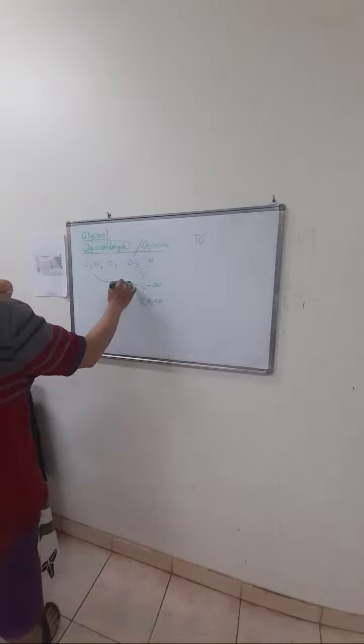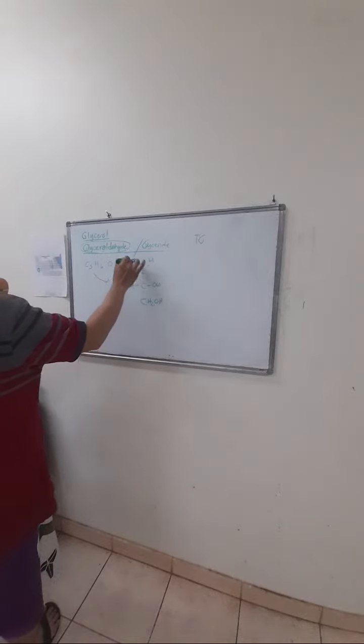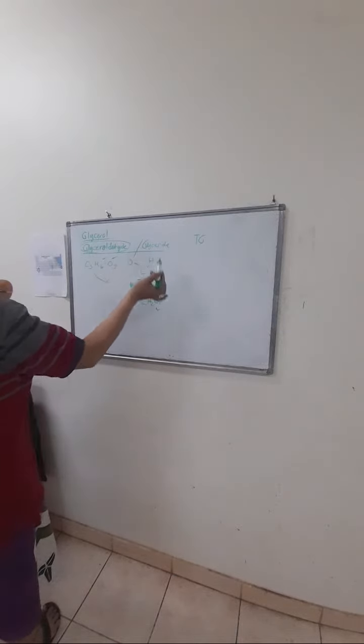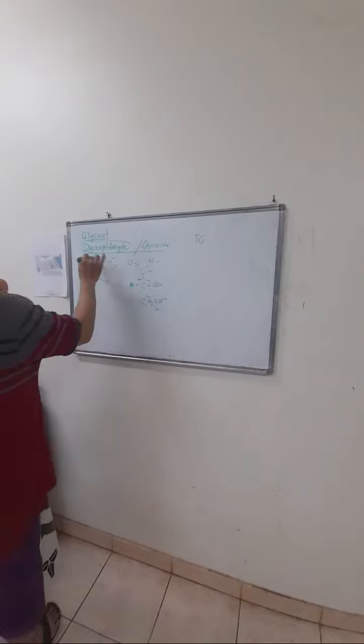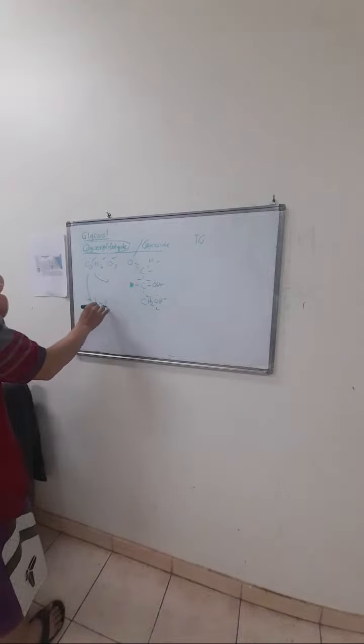So count how many oxygen: 1, 2, 3, perfect. Hydrogen, 1, 2, 3, 4, 5, 6, perfect. Carbon, 1, 2, 3, perfect. So C3H6O3. Then why is C3H6O3 also the same formula as lactate or lactic acid?